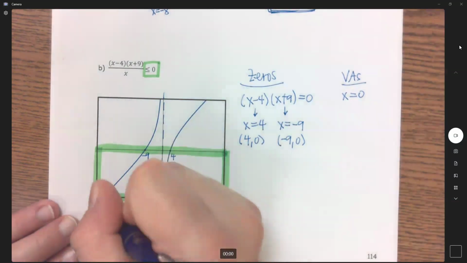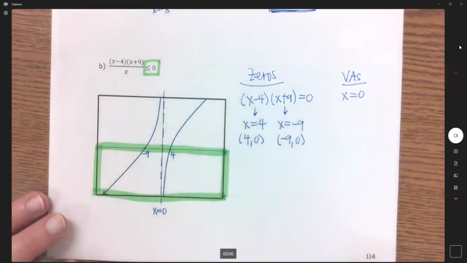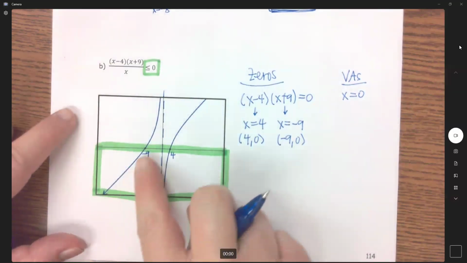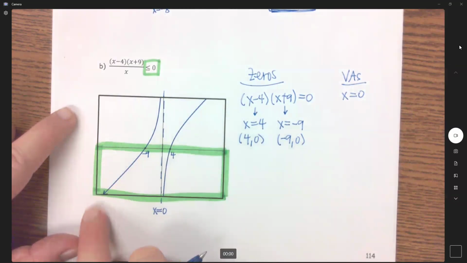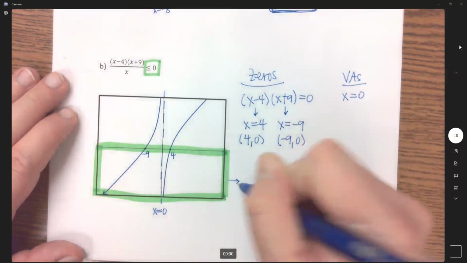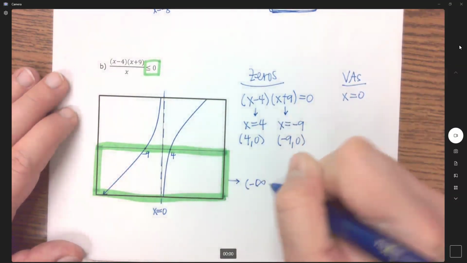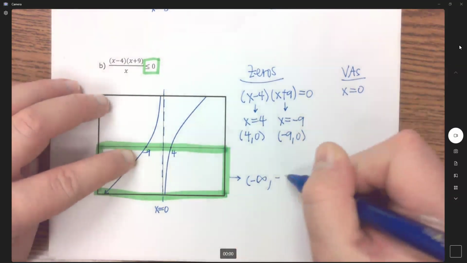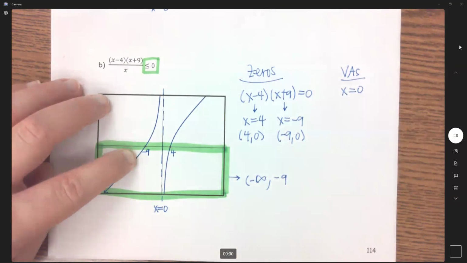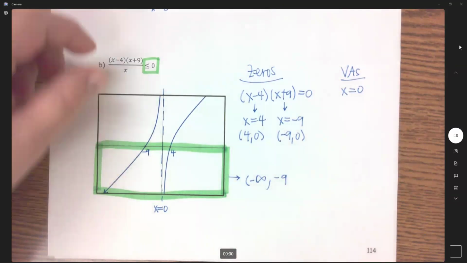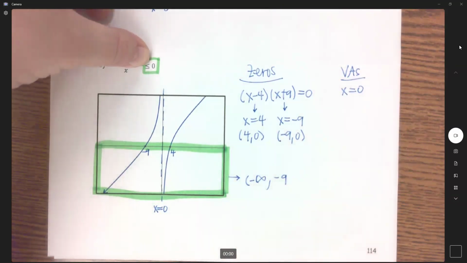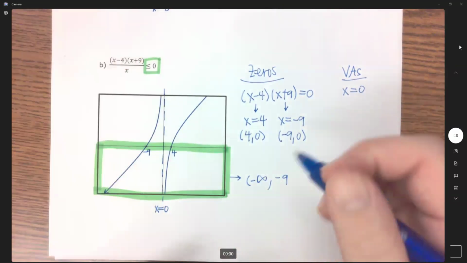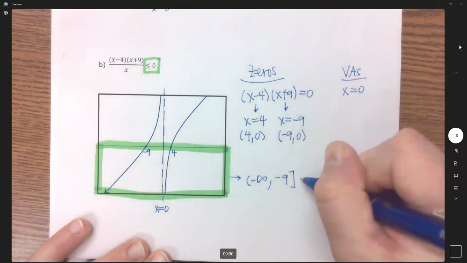Okay, so remember this is going to keep going forever. So when I talk about this little bit right here, it's going from negative infinity, which is always a parenthesis, to -9. And because -9 is on that x-axis, and we're talking about what is less than or equal to 0, it is included. So we'll put a bracket.